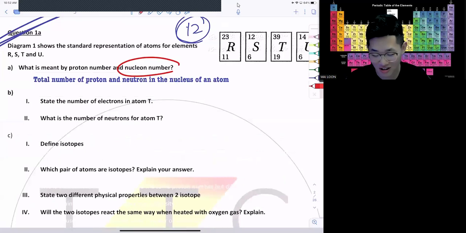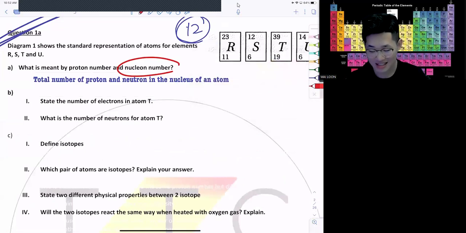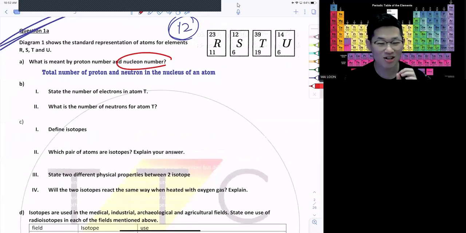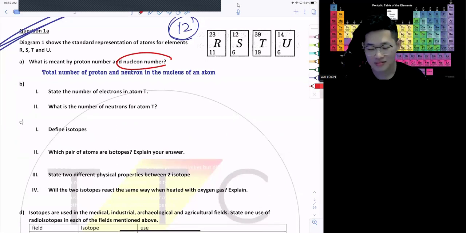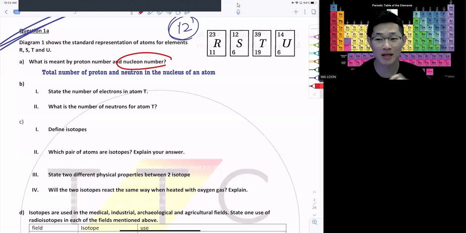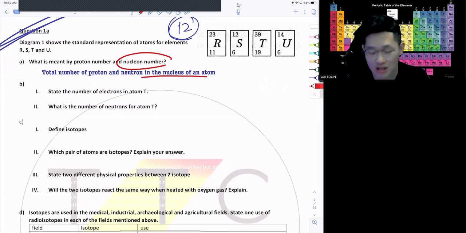I am very sorry. When they mark questions for definitions, they're very strict. They want it to be almost exactly the same. So: total number of protons and neutrons in the nucleus of an atom.